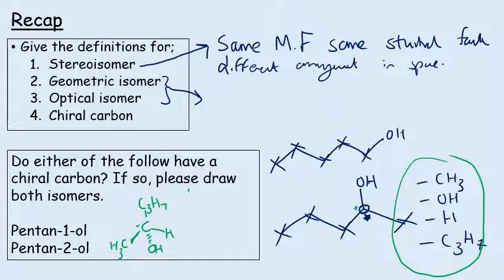It does matter, however, when I go to draw the enantiomer. So I'm going to draw the plane of the mirror. And now I'm careful where I draw my bonds. There we go. Making sure that it's a mirror image. And now I just reflect the groups. So C3H7 at the top. On the wedge, it's CH3. On the dash, it was OH. And over here, it was H. So there's my 2 enantiomers.